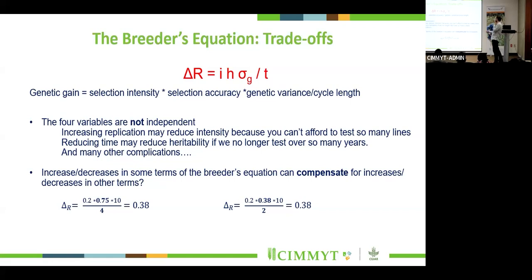But we can look at how you can compensate and work through the Breeder's equation. For example, if our accuracy is 0.75 in this situation, and our intensity and variance are the same, over 4 years we get a 0.38 genetic gain here. But if our accuracy, wait, is that the accuracy?